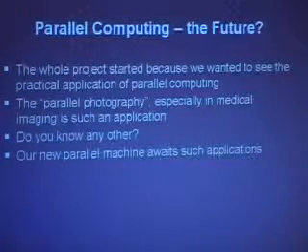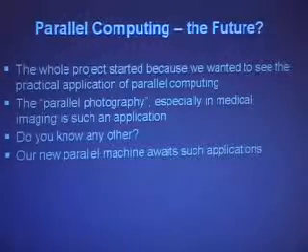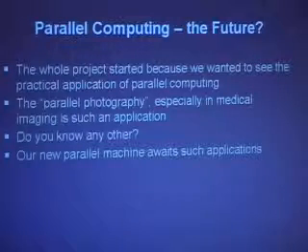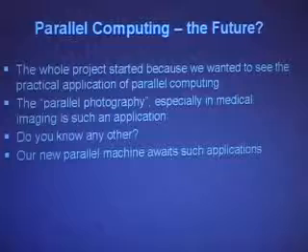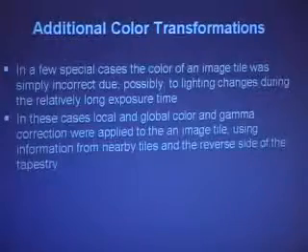Processing imaging is an excellent example for parallelism. Interestingly enough, there are really not that many examples where massive parallelism can be really useful for truly important human applications. So that's actually a question to the audience. Do you know of any other such applications?